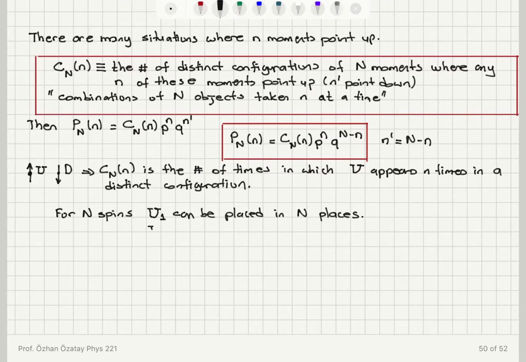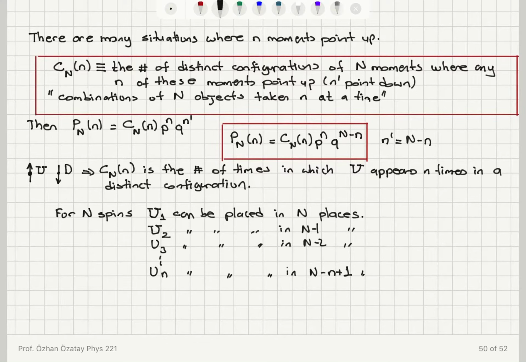The second up can be placed in N minus 1 places. The third up can be placed in N minus 2 places, and all the way up to the nth up that I'm going to put. This has to be in N minus n plus 1 places.